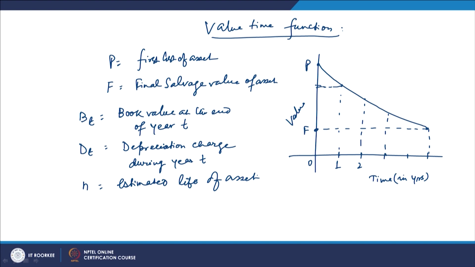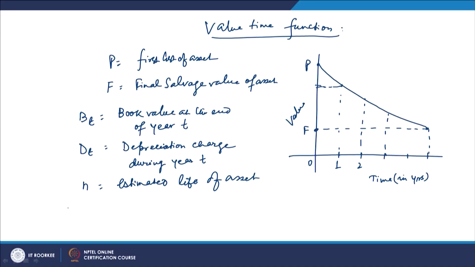So, if you know the estimated life of the asset, then the book value at the end of the estimated life of the asset is known as F, that is your final salvage value of the asset.